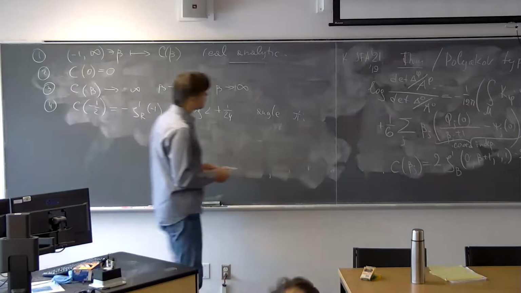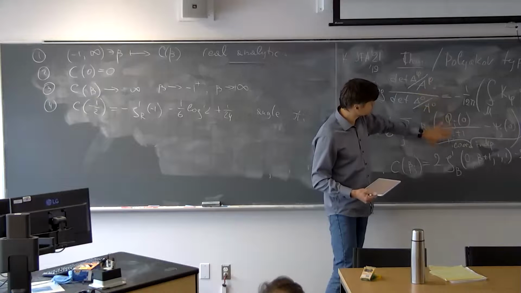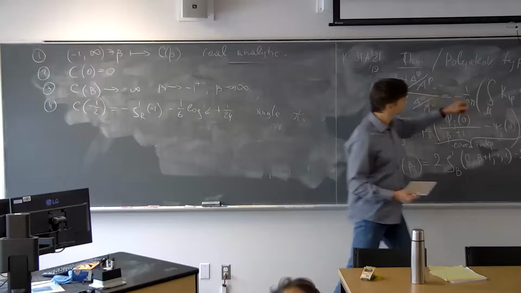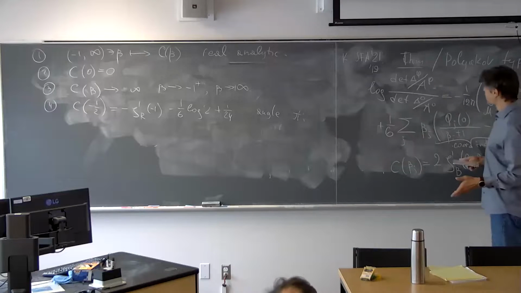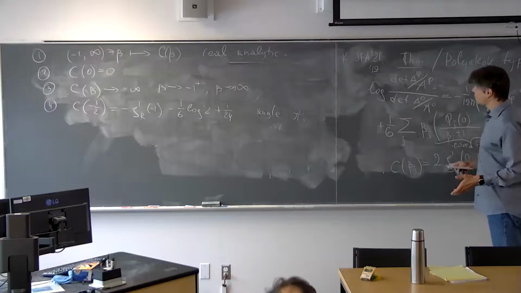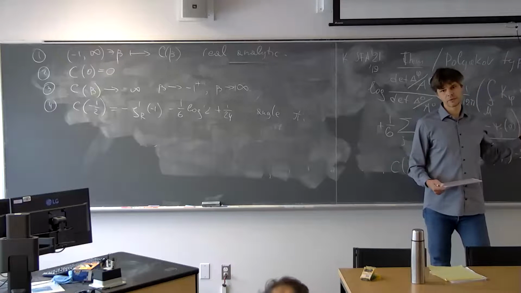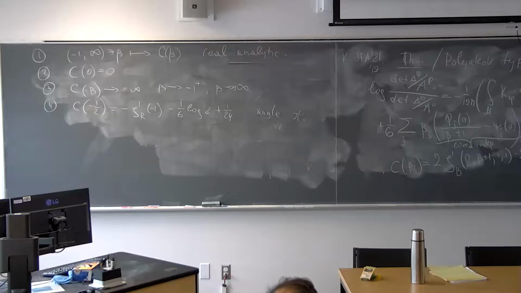So disclaimer, this formula was actually proved under an additional assumption on the regularity of this metric. But I think it can be relaxed, so I won't go into details here just to save time. It's real analyticity of this metric under the dilation near a tip of a cone.